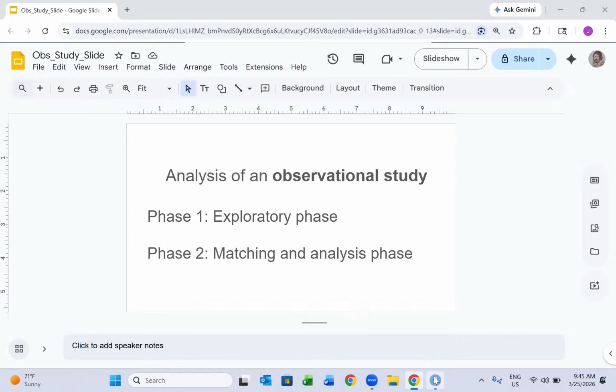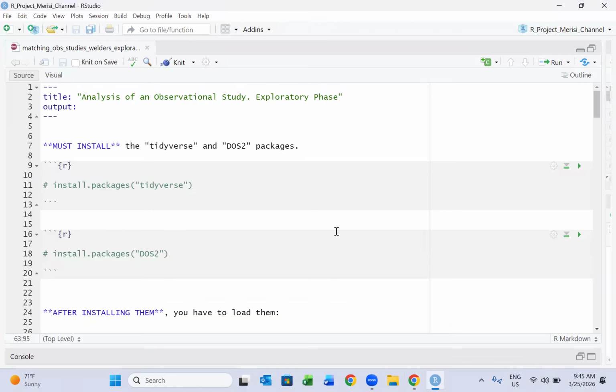Perfect. So I have already prepared our notebook to do the analysis for this video. And I actually chose to include all the code in this notebook already. So every piece of code that I'm going to use is already in this notebook. Because guys, I really want to focus in this video on explaining the logic of the exploratory phase of an observational study.